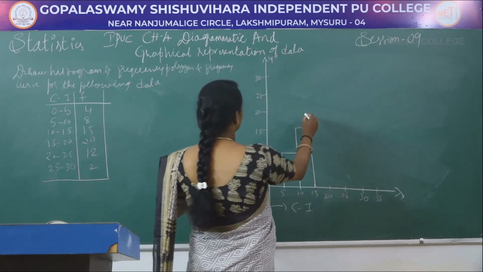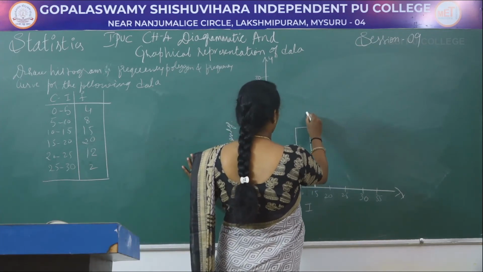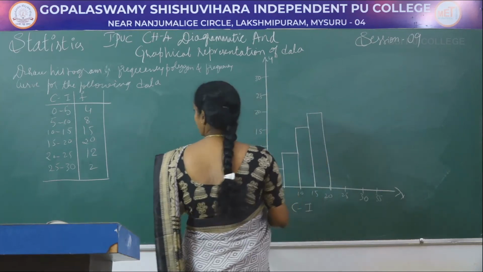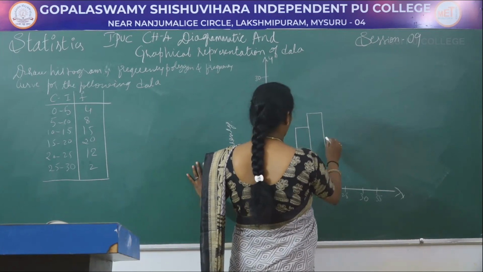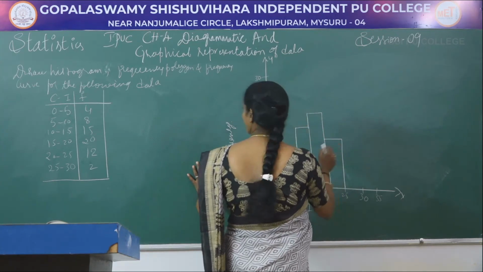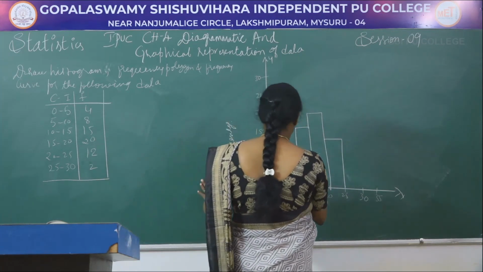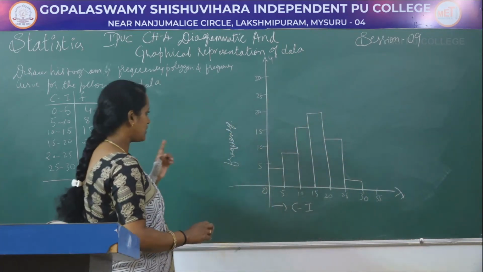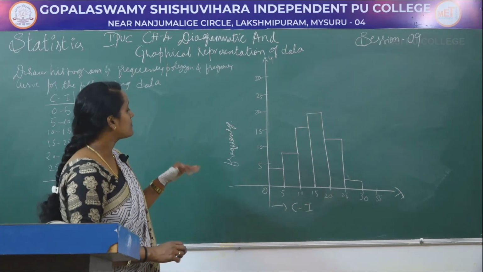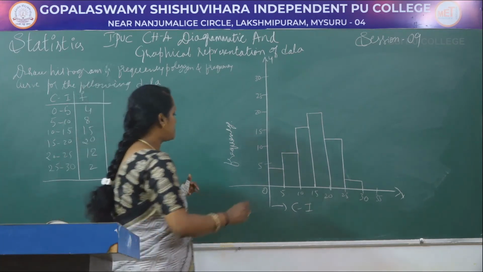Next 20. 12. Next it is 2. So after drawing the histogram, next we have to mark the midpoints.